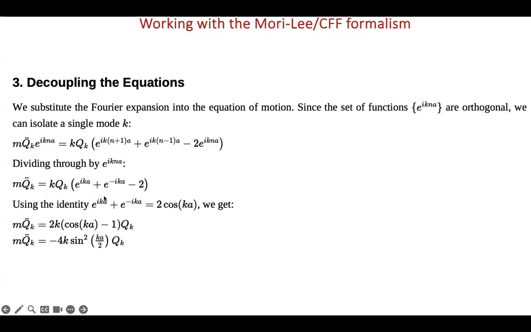Now, this term here is nothing but a cosine k, so you rewrite it in terms of cosine k. And then you observe that 1 minus cosine is a sine squared of theta over 2, if this is theta. Because it's 1 minus cos k, you have to put a minus sign.